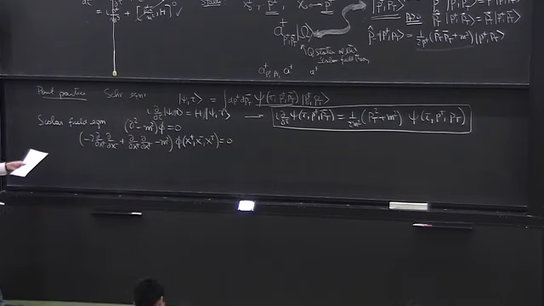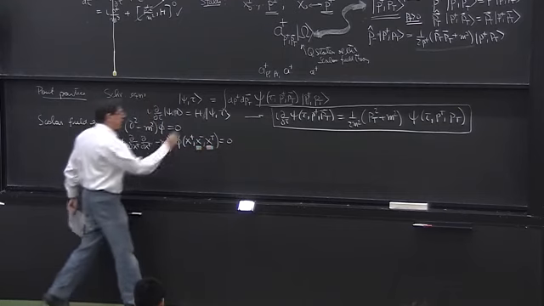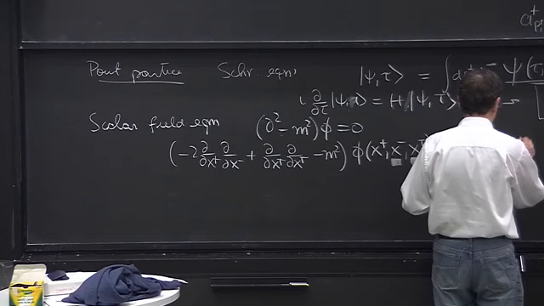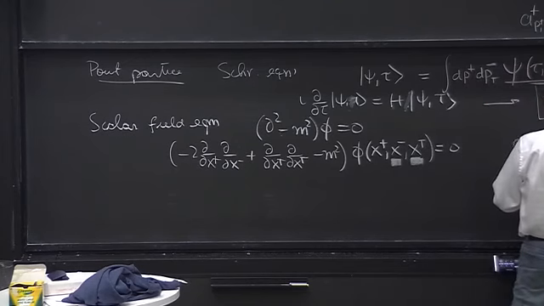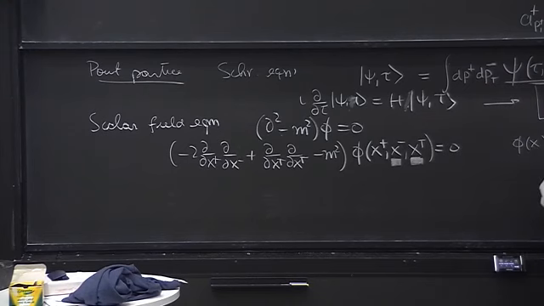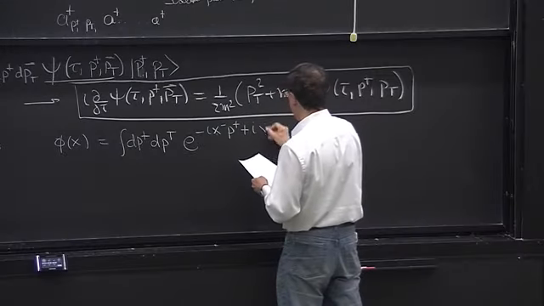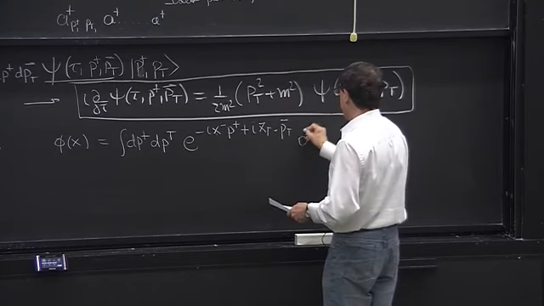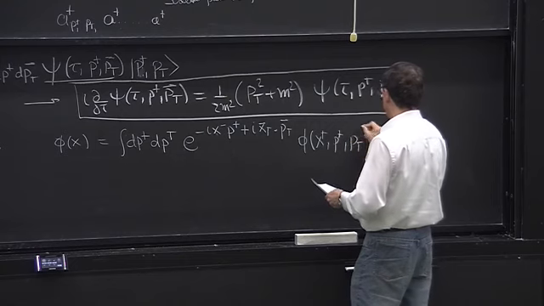Now I want to Fourier transform in x− and x_T. So we'll write φ(x) = ∫dp+ dp_T e^(−i x− p+ + i x_T p_T) φ(x+, p+, p_T), you're Fourier transforming in x−.